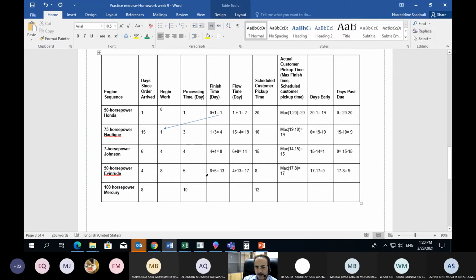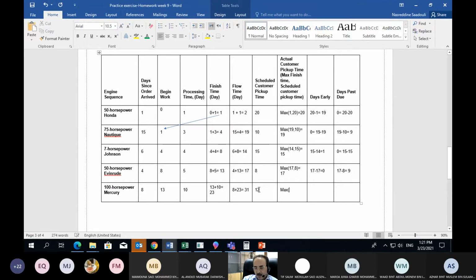Finally, for the last job, day 13 is the start. It takes 10 days, so we'll finish it on day 23. It will be in the system a total of 8 plus 23, so 31 days.